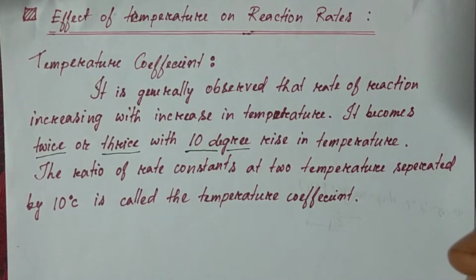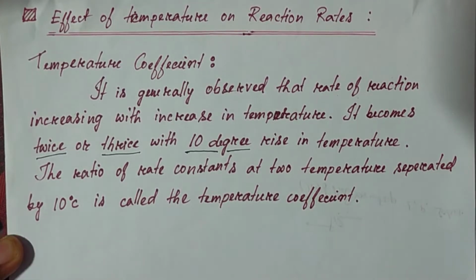You increase the temperature by 10 degrees and the rate will increase two or three times from the initial rate. Now if you want the definition of temperature coefficient, then here it is.